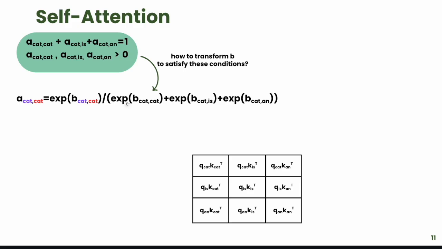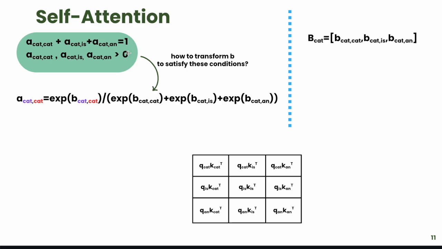As soon as you make this division, the summation property is satisfied. So there are two steps to remember. First is the exponentiation: when you exponentiate anything, you get positivity. When you divide by the sum of each of the weights, you enforce the property that the sum of the weights should be 1. You do this for every different value of b. Once you have this, you have the weights that you were looking for in the self-attention layer.